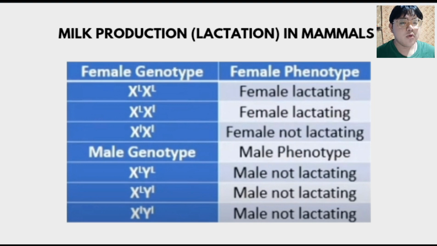So there is zero possibility for a male to lactate. That's part of the sex-limited traits. It is inherited by both sexes, but it will only be expressed with the help of the correct hormonal environment.